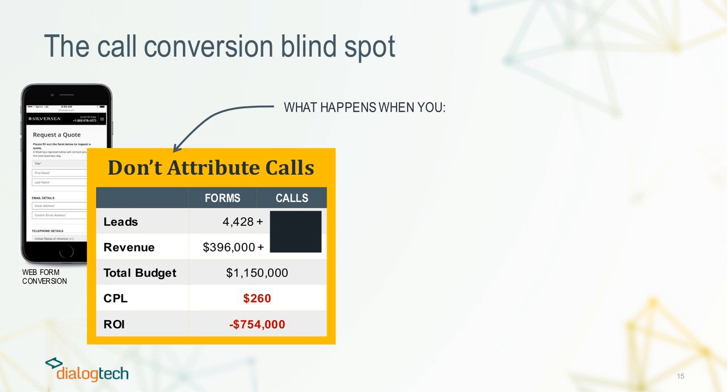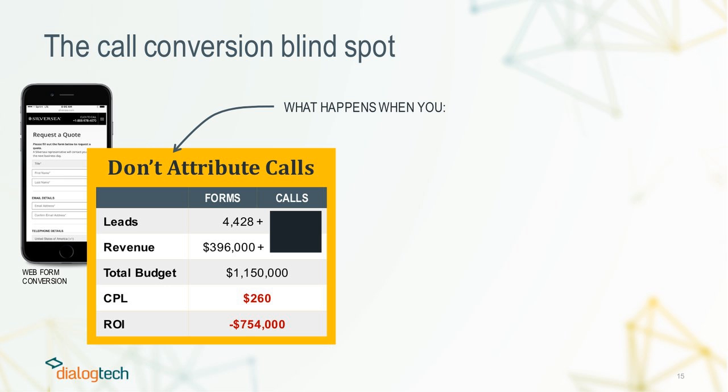You're only measuring leads from your forms. So you have 4,400 leads from your web form fills. It's driving just under $400,000 in revenue. You have your total budget, which brings you to a cost per lead of $260. And that's actually negative ROI for this campaign. So chances are you might scrap this campaign because it doesn't look like it's very successful, right?